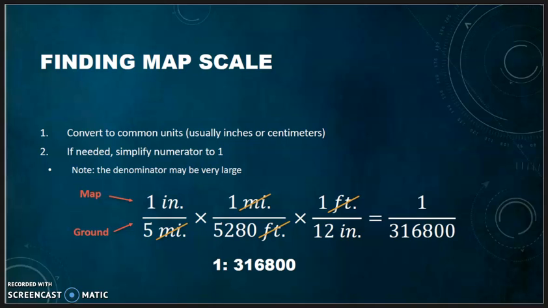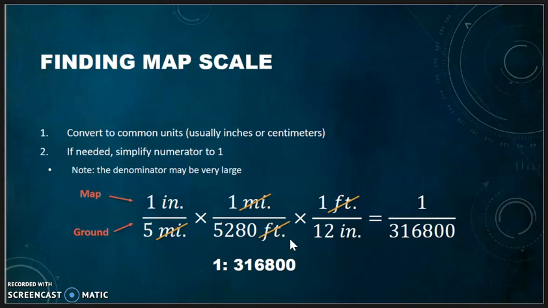So if we know that our representative fraction, our map to ground, is 1 inch to 5 miles, we'll then want to convert it all into inches. So if we know that 1 mile equals 5,280 feet and 1 foot equals 12 inches, we have our numerators all at 1. And so then we just do simple multiplication of fractions.